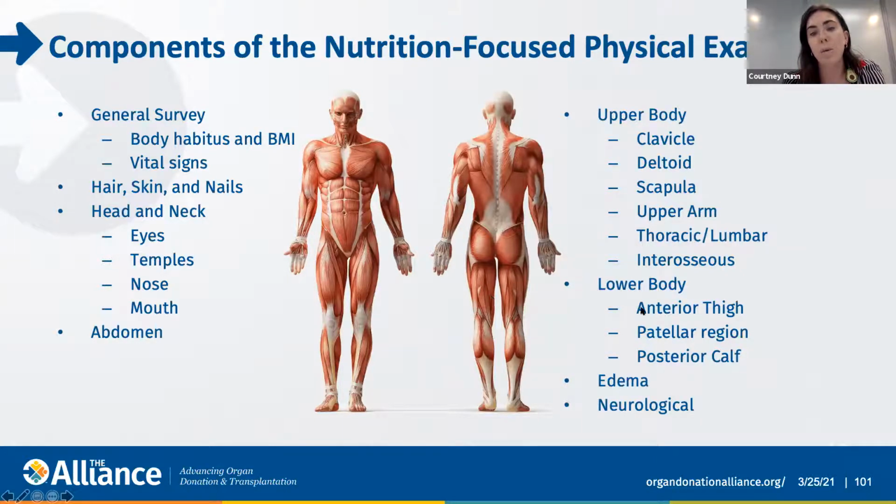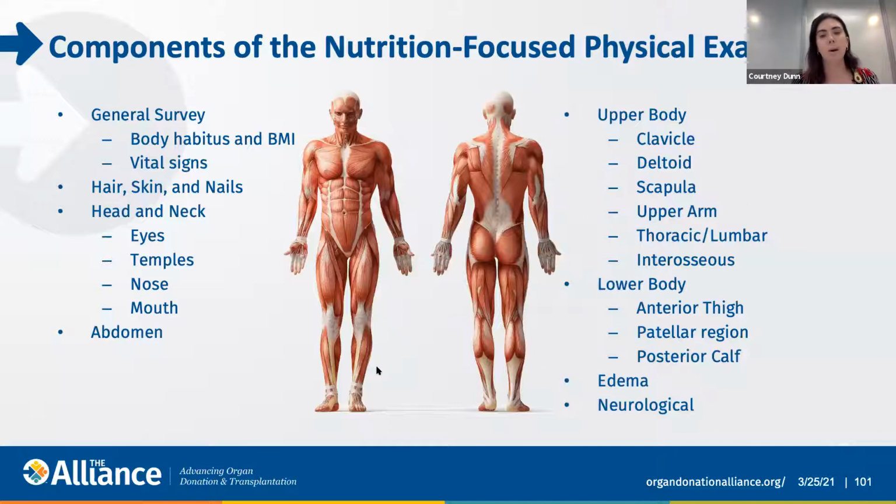And then we'll also want to pay attention to edema on the exam. Mainly for patients in heart failure, we usually have lower extremity edema. Patients with end-stage liver disease will sometimes have lower extremity edema, but for those patients, we'll also want to look at their ascites. And then assessing neurological: is the patient alert and oriented, able to answer questions appropriately?